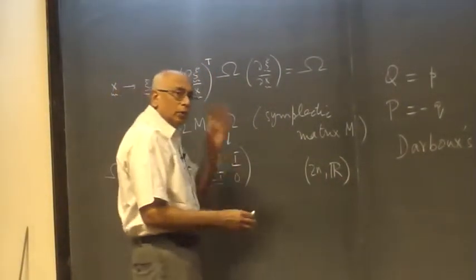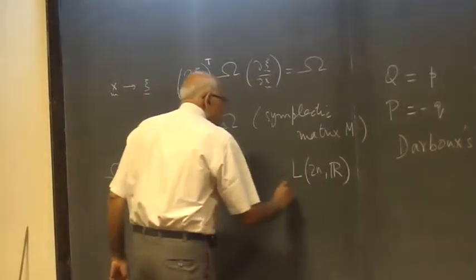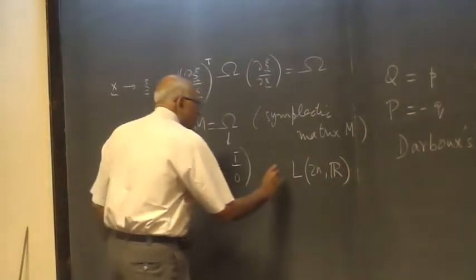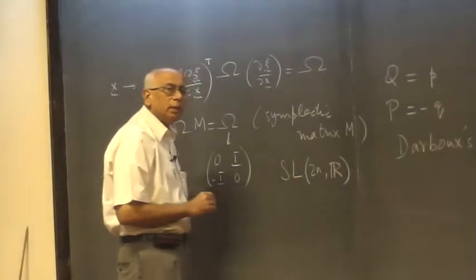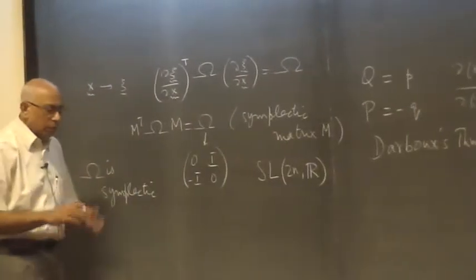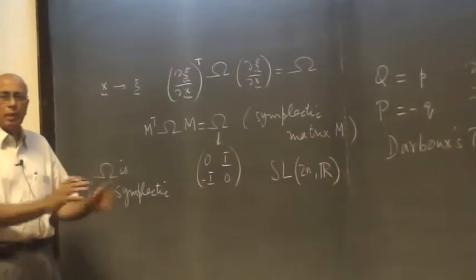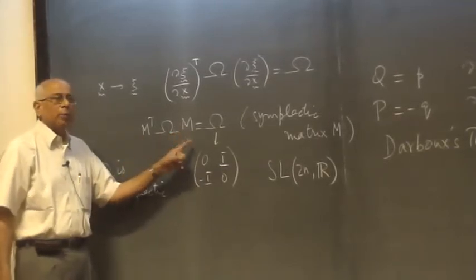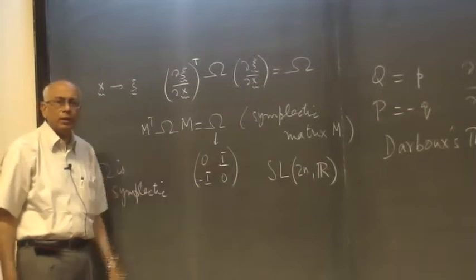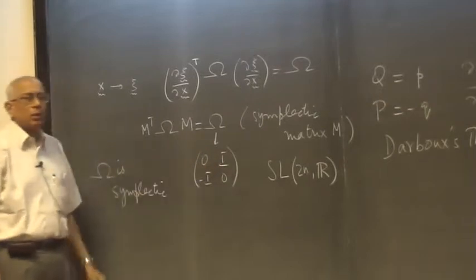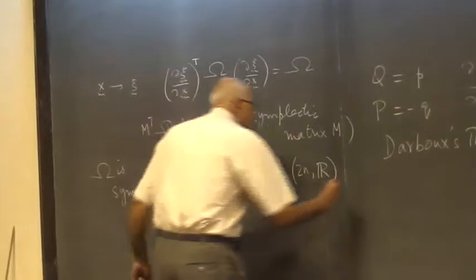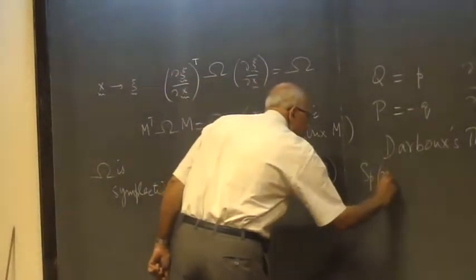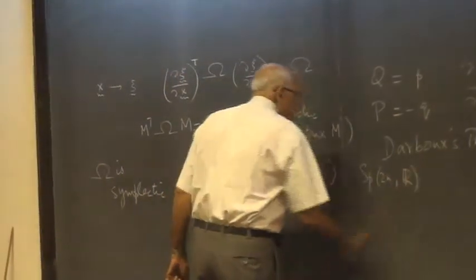And that set of non-singular matrices is the general linear group, and we want determinant one, so this group here is the set of all 2n by 2n matrices over the reals with determinant equal to plus one. And the set of canonical transformations, the Jacobians, symplectic matrices, is going to be some subgroup of this group, and that subgroup is called the symplectic group, Sp(2n, R).